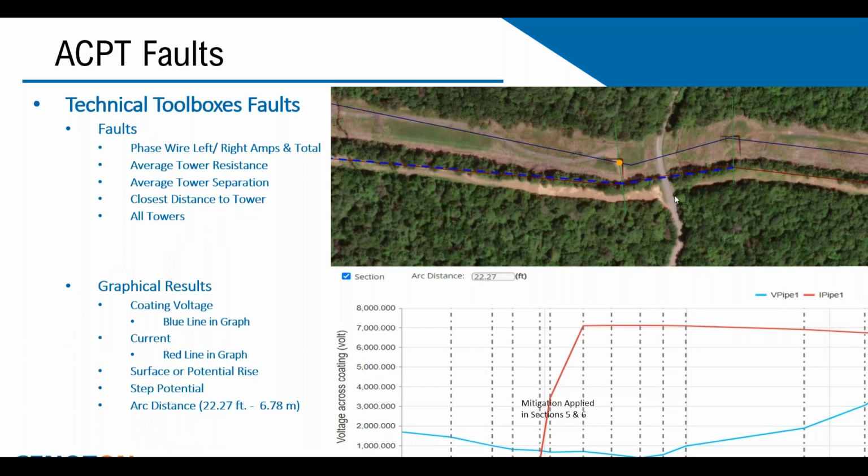AC faults. That's a big problem. And where do they usually occur? Well, it's pretty simple: the closest tower or pole to the pipeline. Well, the software can calculate them all if you want. If you want to look at every one or the closest, you could do that. And this is the nice thing about having software that has the capability to model what you need to be looking at.